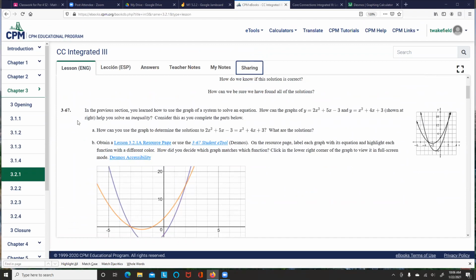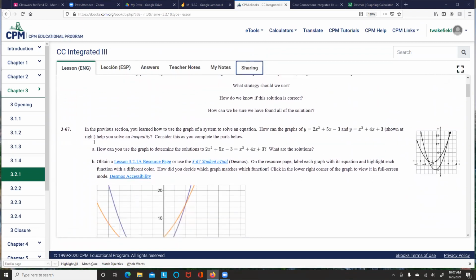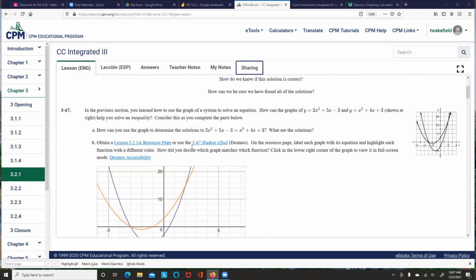So if we look at number 67 here, it's going to go off the sections that we learned earlier in 312, I believe. In the previous section, you learned how to use the graph of a system to solve an equation.